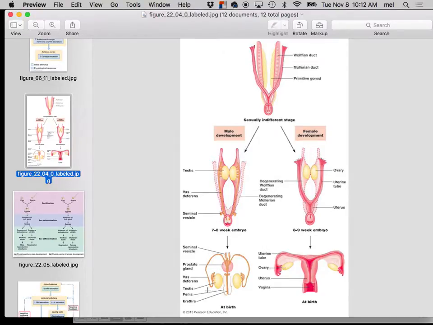Now, if you are female, the default is to develop something like this, but to go from here to here and have correct development of the female internal reproductive tract, you need estrogen, about 6-7 weeks post-implantation. If you don't have that, you'll get female external genitalia, but you won't have a uterus or fallopian tubes.